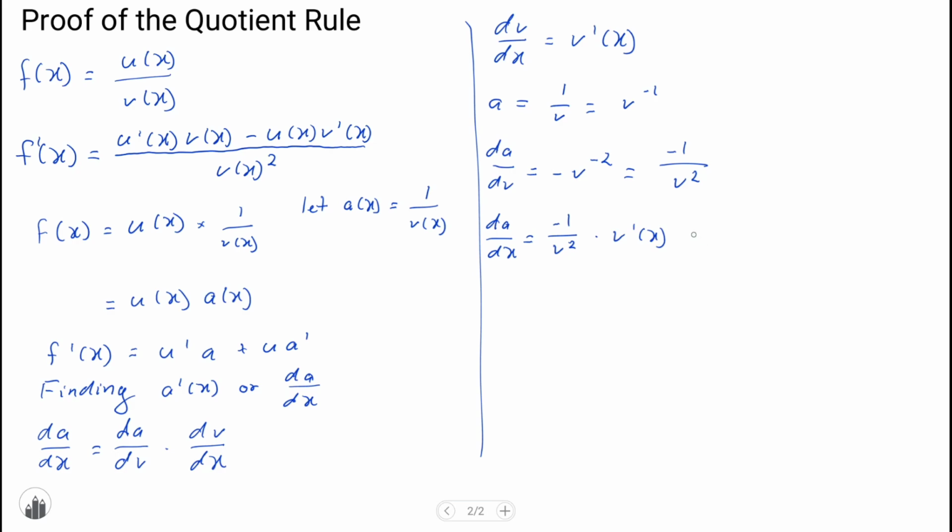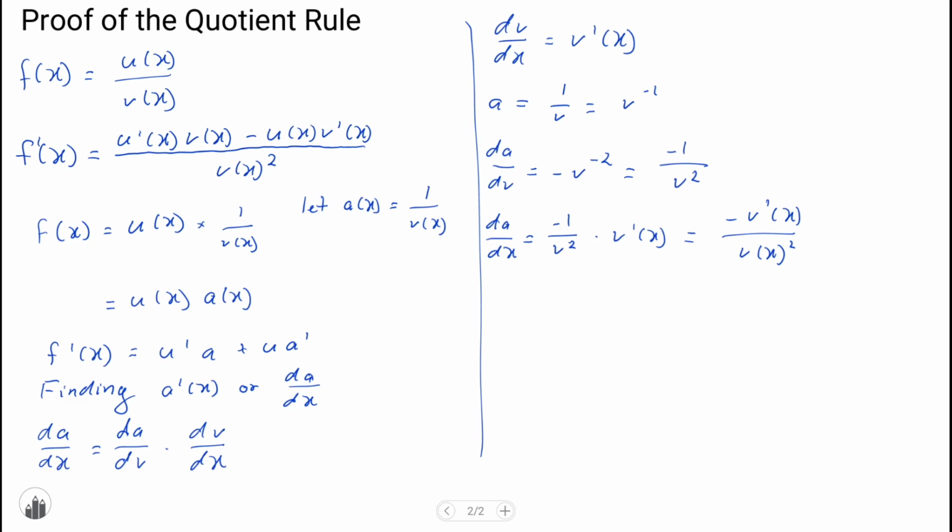Okay, we can make that look a little bit nicer. That becomes -v dash of x all divided by v of x squared. Now we can start to put these things into this form over here.